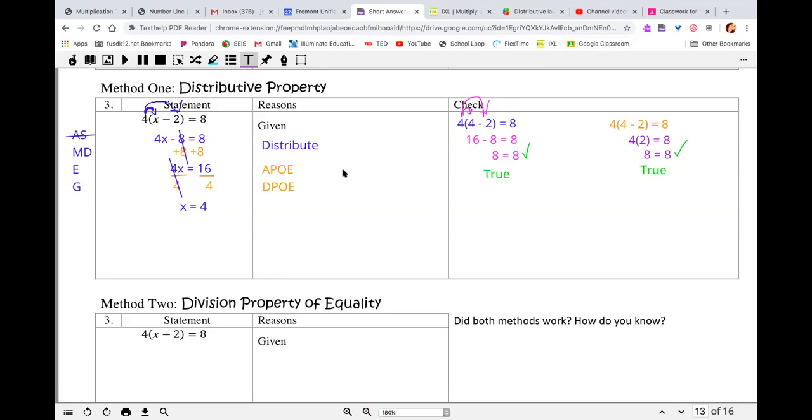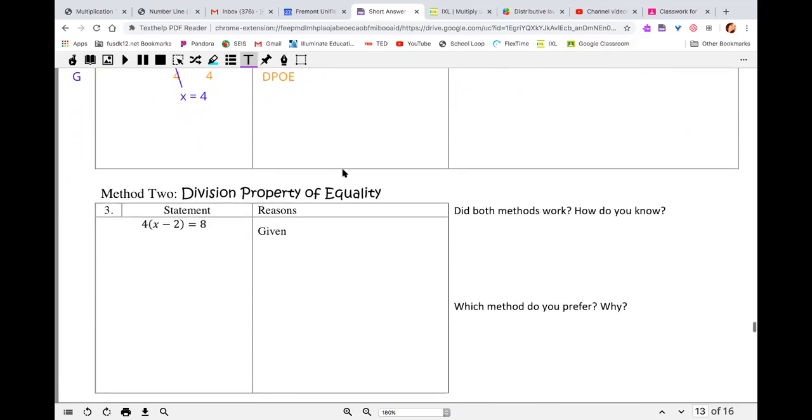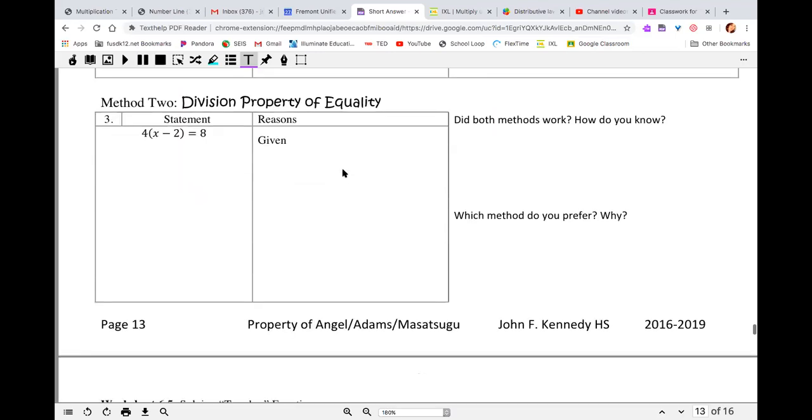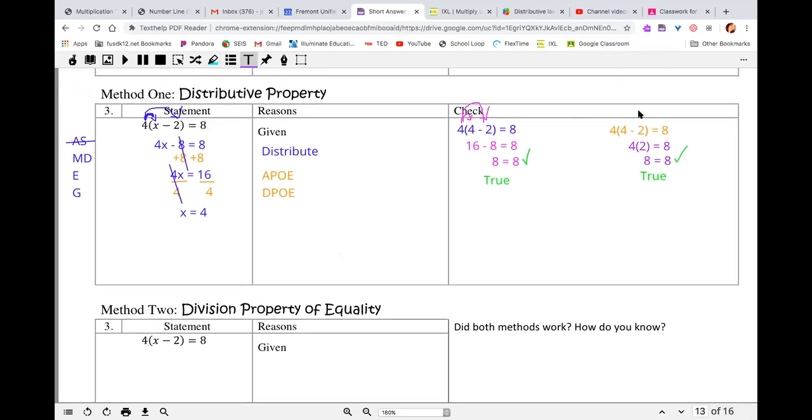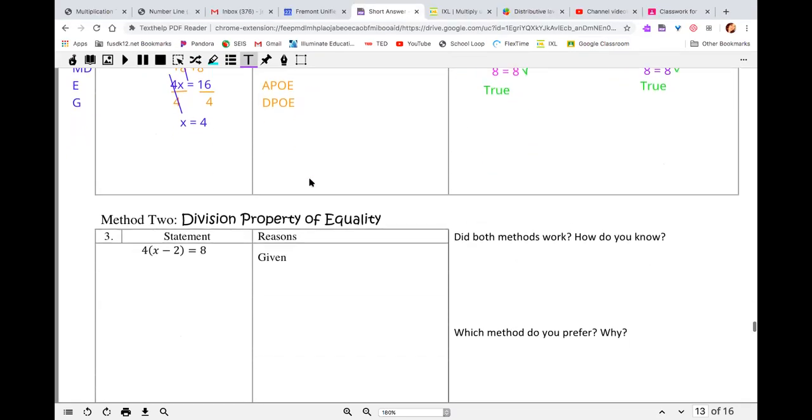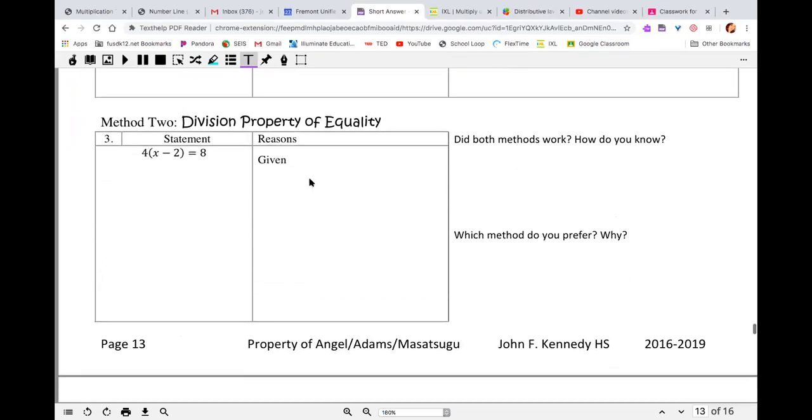Okay. So we'll do another one. And I think for this activity, we'll solve it both ways so we can see it. But no matter what, we get the same answer. Okay. Method 2, division property of equality.